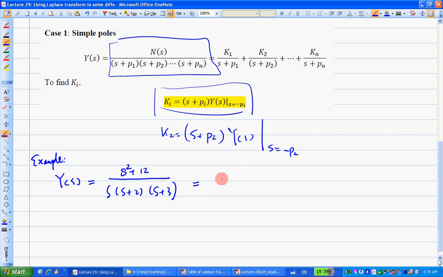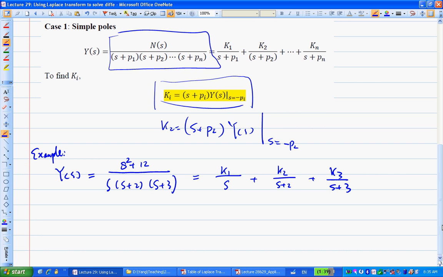So you separate that into, you don't necessarily have to use k1, k2, you can use any constant you want, k1 over s plus k2 over s plus 2 and k3 over s plus 3. The first one is s, so the pole associated with it is 0, right? The second one is s plus 2, so the pole for this one is s equal to negative 2. And s equal to negative 3 for this pole here, right?